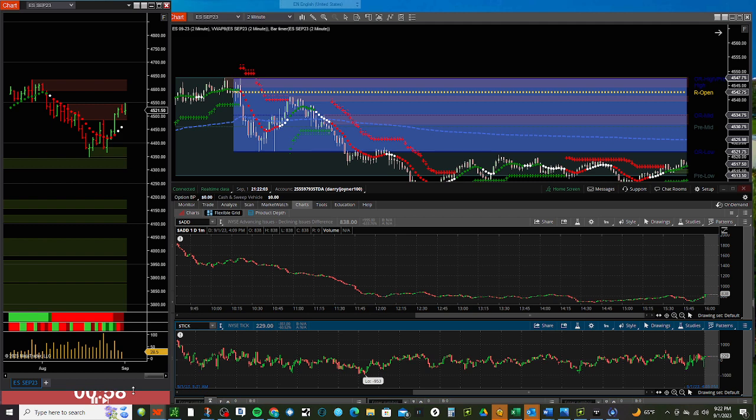Again, all public information, nothing proprietary, and it's strictly going off of the momentum of the market and also the price activity. The advanced decline line gives us another view of price activity from the perspective of the exchange activity, and we could see how that's reflected in the price.